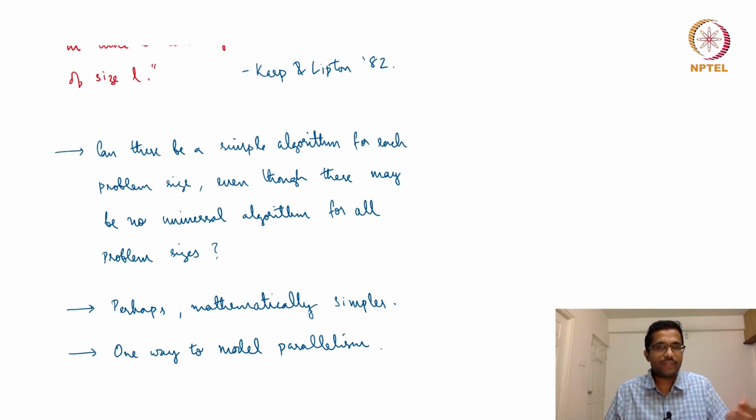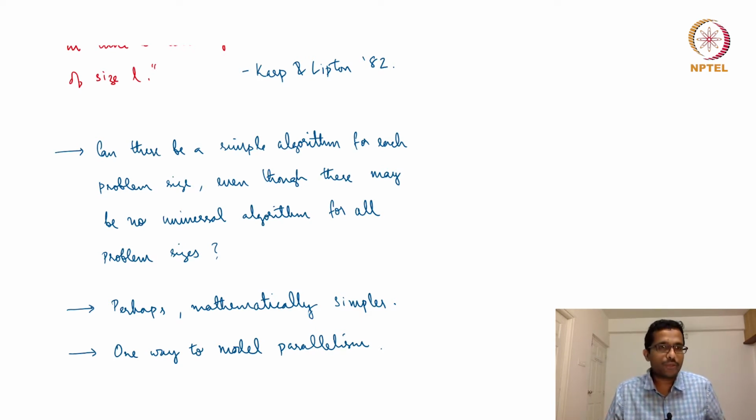This was one motivation to study the circuit complexity model rather than the Turing machine model, because in a way to resolve P versus NP, people thought that because of this peculiar property, maybe circuits are the way to go, and people tried various approaches using the circuit computation model.